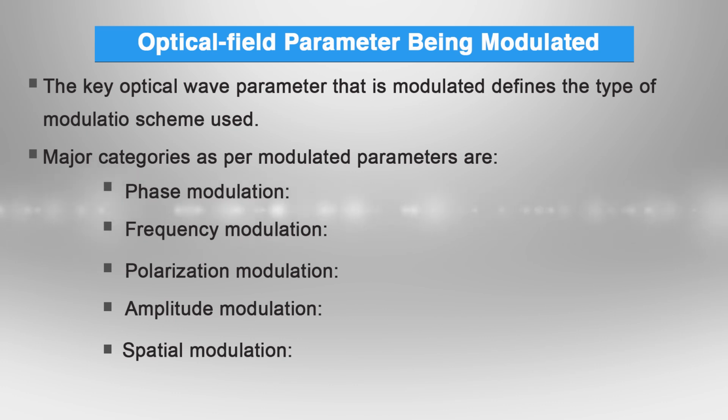Next is spatial modulation. Spatial properties of the optical wave like mode patterns, beam shape, direction and propagation trajectories are modulated. This requires modulating guided waves. Next is diffraction modulation. Parameters related to diffraction effects like diffraction efficiency and angles are modulated via altering optical geometries.